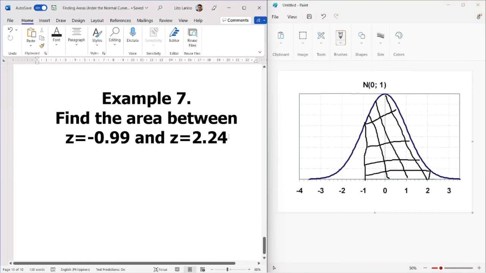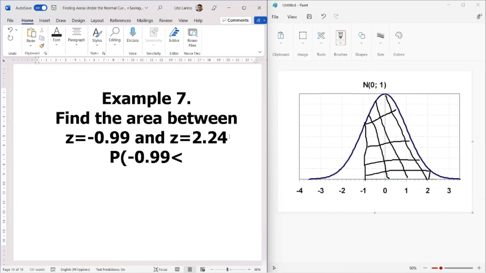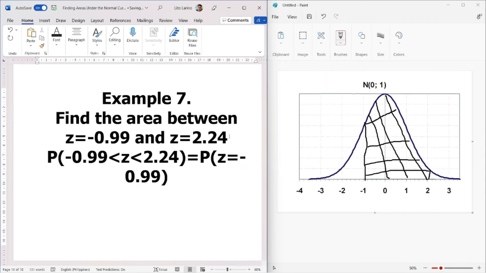We have the area between negative 0.99 z-score and 2.24 is equal to the sum of the area when the z-score is negative 0.99 and when the z-score is 2.24.